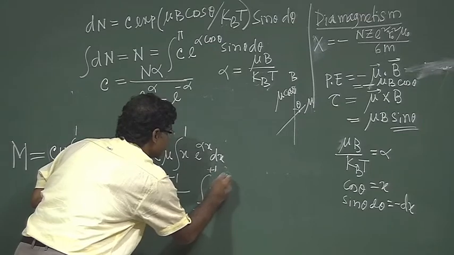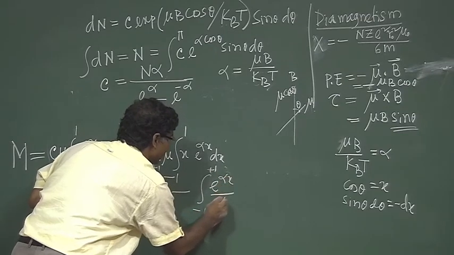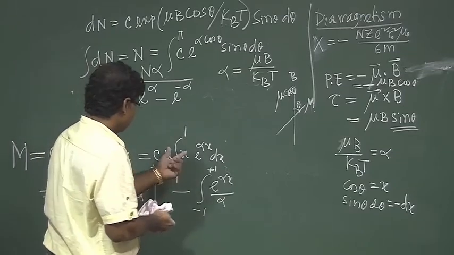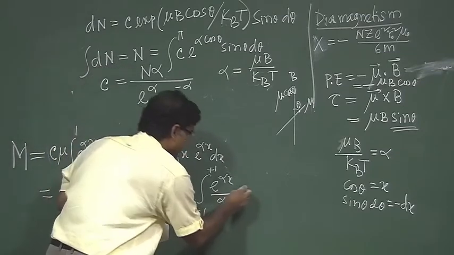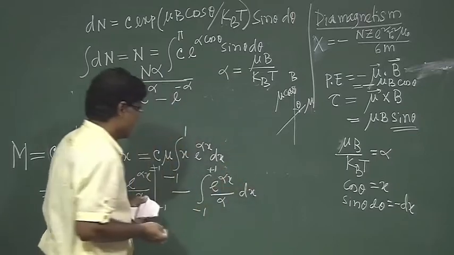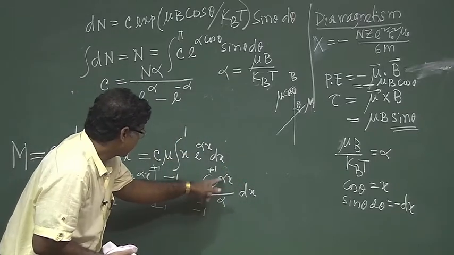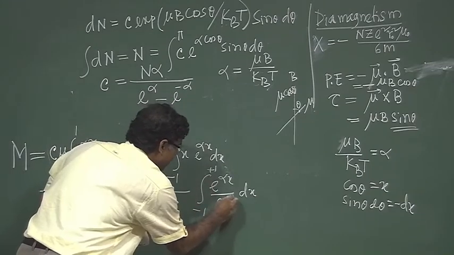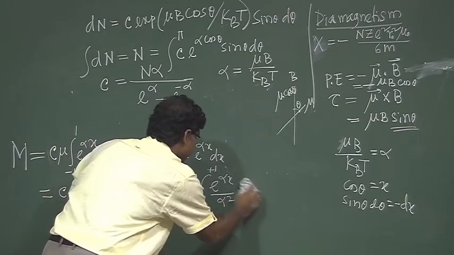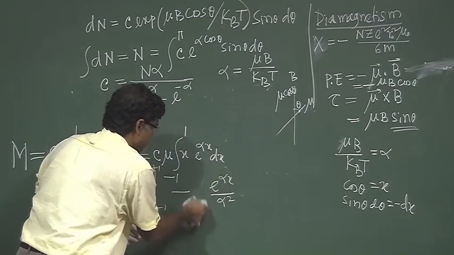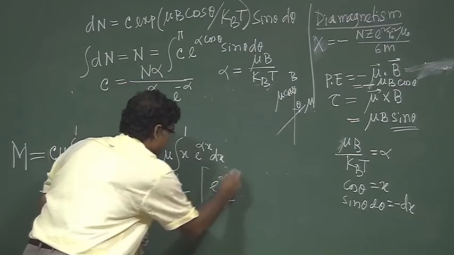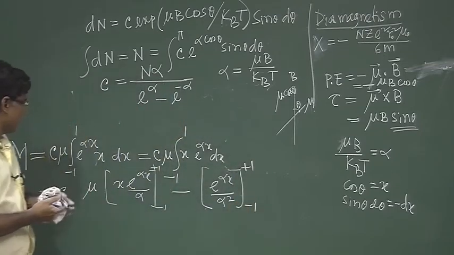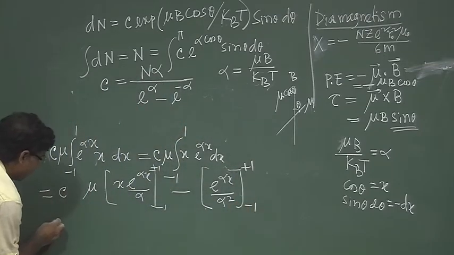So, v is e to the alpha x by alpha, du is dx, and this will give me alpha square, from minus 1 to plus 1. So, what you will get?